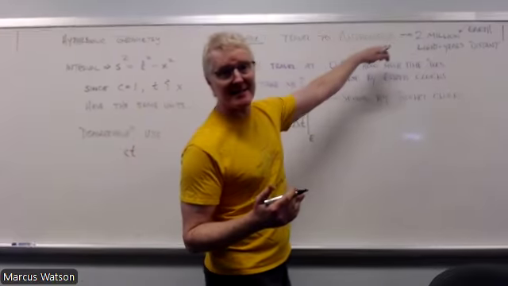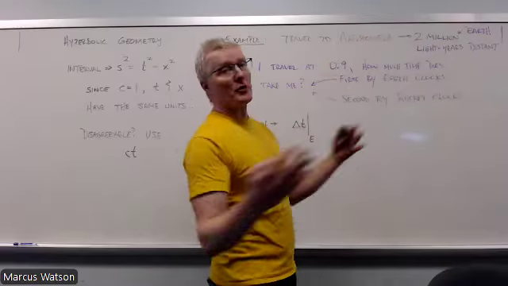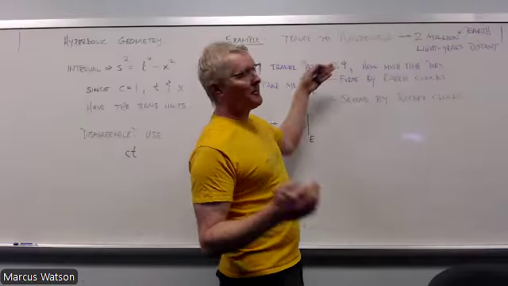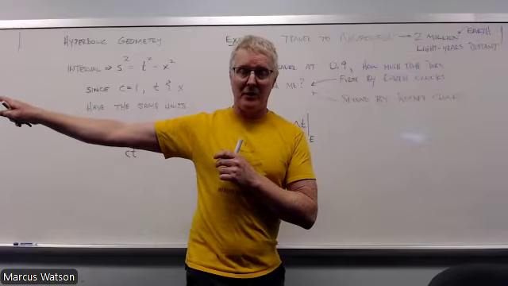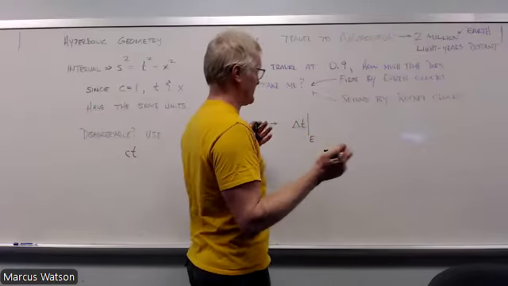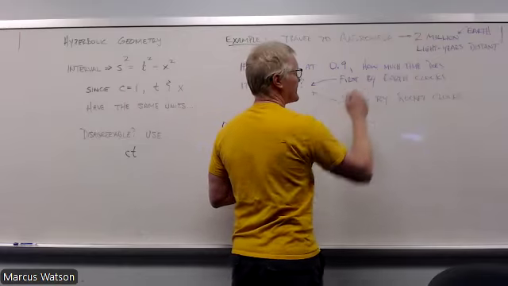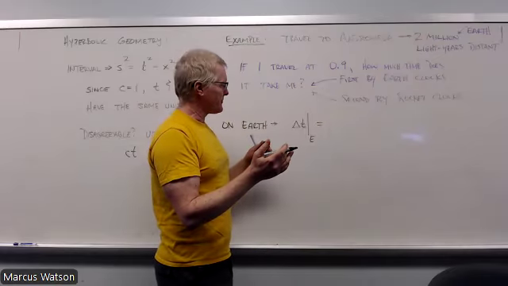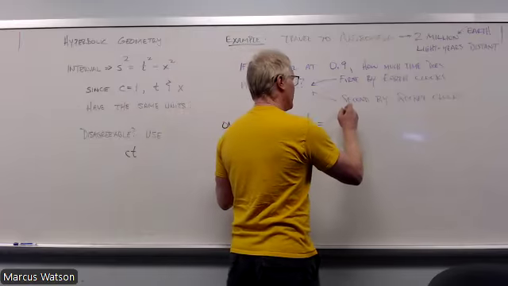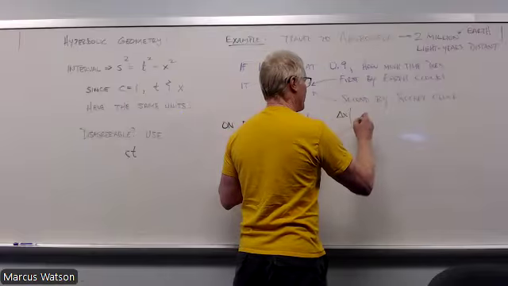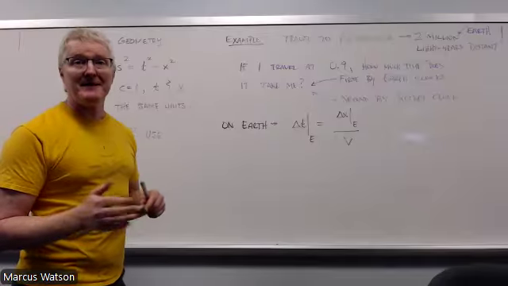Because we know the distance in Earth's reference frame, and I'm going 0.9, I'm also going to agree that Earth is moving that way at 0.9, so I'll have the same speed. That means I should be able to say that the distance, I'm going to call it x Earth, or delta x Earth, divided by v should be the time.